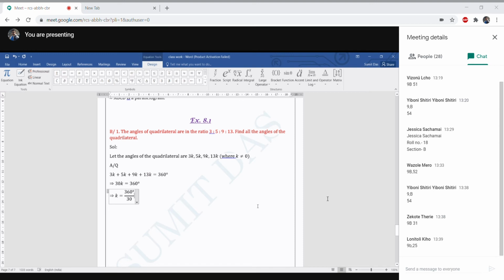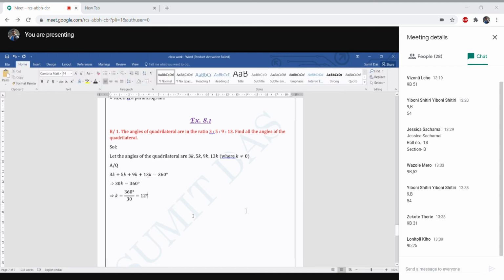Okay, so this answer will be 12, I guess. 30 into 12, yes. So the k value we got is 12. Now we have to put the values.